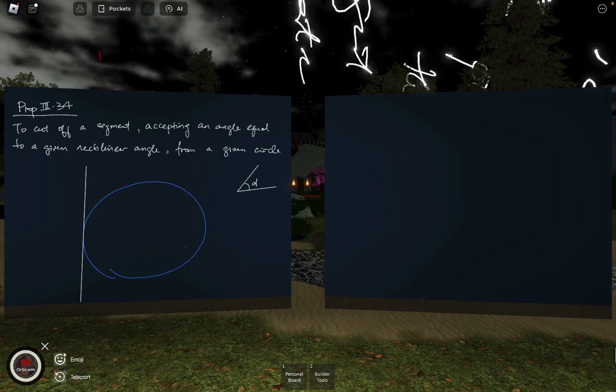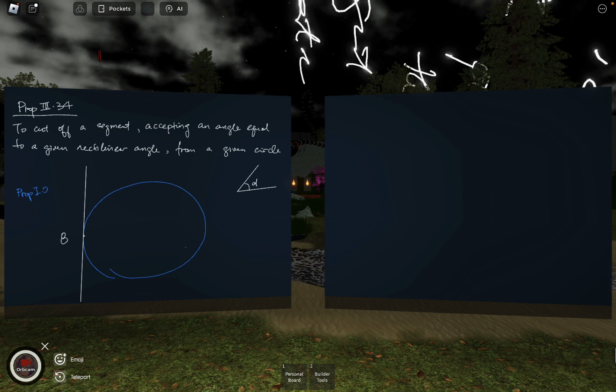So we construct a tangent, and we've done this before, so I won't belabor the point. The tangent touches the circle at B, and we're going to use proposition 1.23, like we did in the last proposition, to construct this angle here at B on the line.